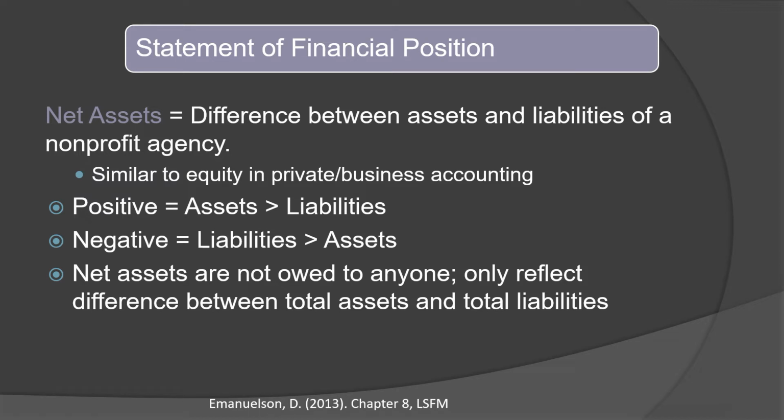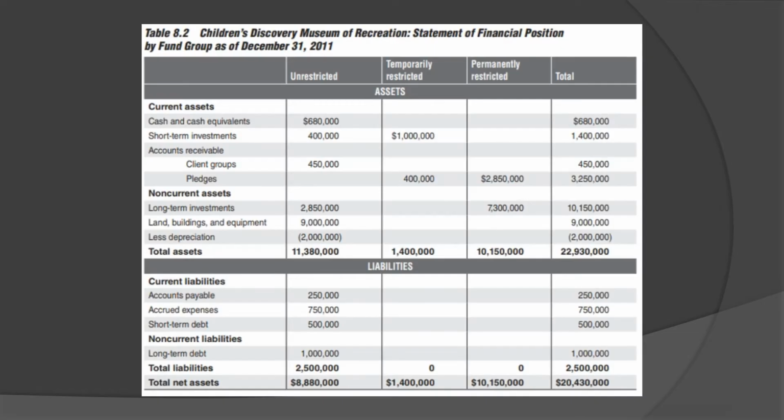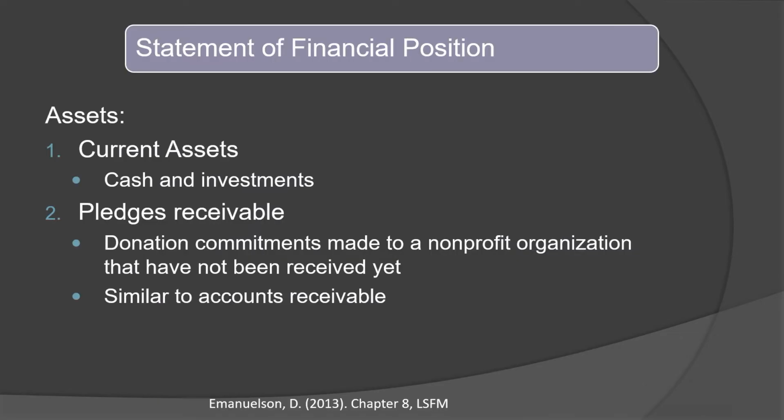So as I mentioned, in nonprofit, we have current assets, and part of that is pledges receivable. Pledges receivable are like accounts receivable, things that are owed to you, but these are donation commitments made to a nonprofit.